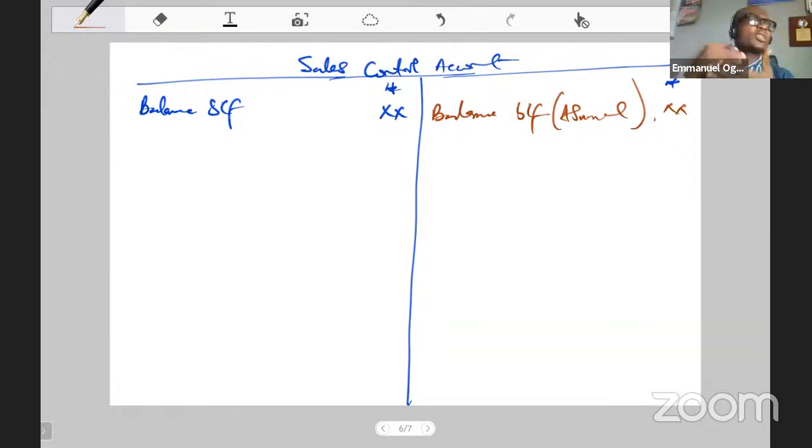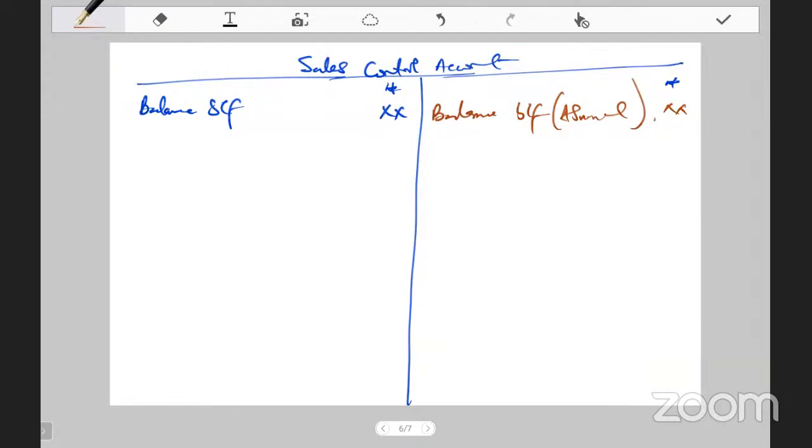Now, this is not where we are going. What are all those transactions that can occur that will increase the activity of sales? And note very well, the sales we are talking about here are sales that have been made on credit. If you have sold somebody on credit, and you are informed that the person has paid, what happens to your sales value?